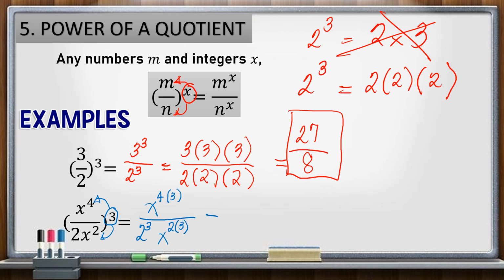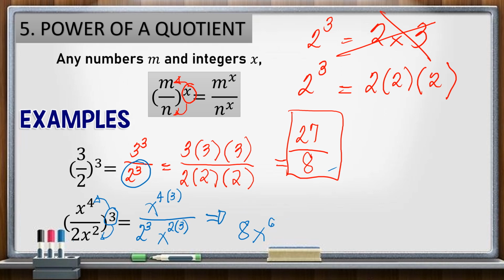So x raised to 4 times 3 will give us x raised to 12. All over, again, 2 raised to 3, same with this one. That means you have to multiply 2 to itself thrice, and our answer here is 8. And then x raised to 2 times 3 will give us 6.